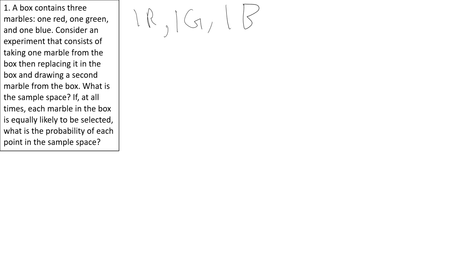First of all, initially how many marbles are there in the box? There are three marbles, RGB. Now if you are taking one, it can be any of them, and after that you are replacing it again.